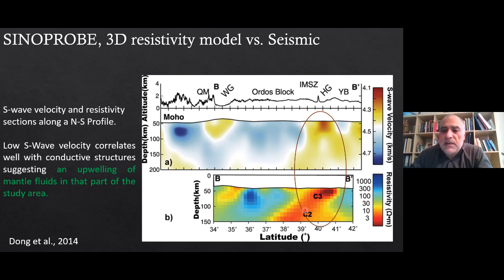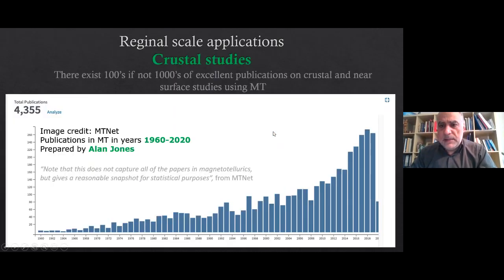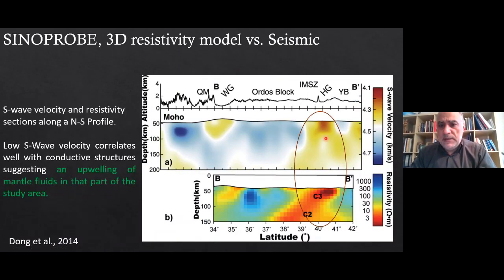This is a sign of upwelling mantle fluids. Also, if you look at this high velocity here in the S-wave velocity images, it correlates with the resistive material. It is maybe a cratonic part, which is very fast in the seismic and very resistive in MT, or electrical conductivity.